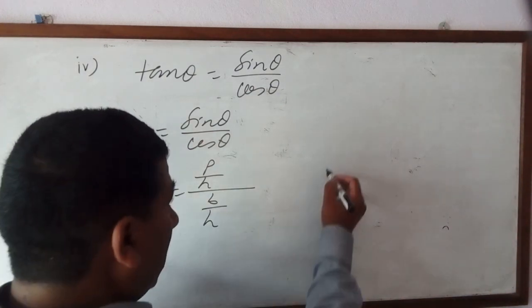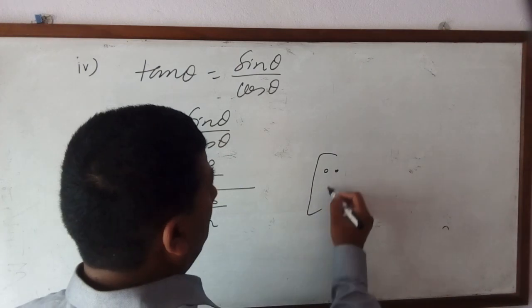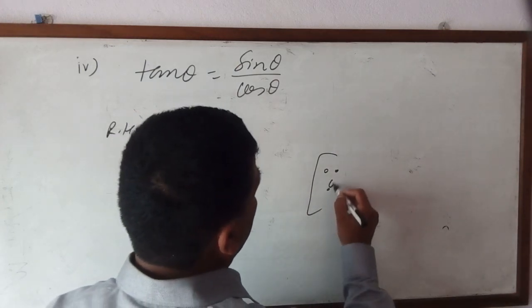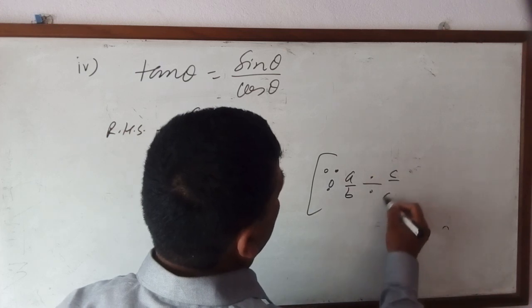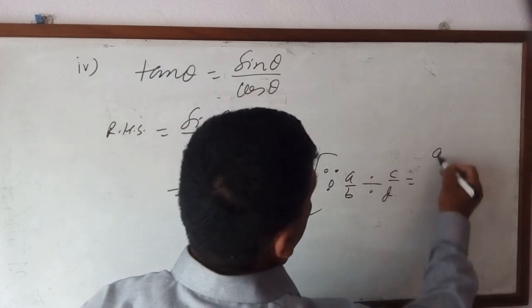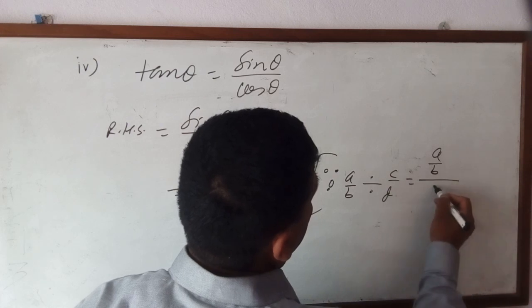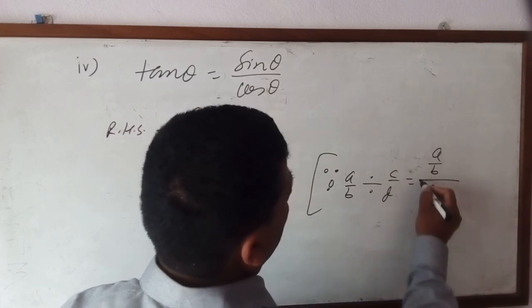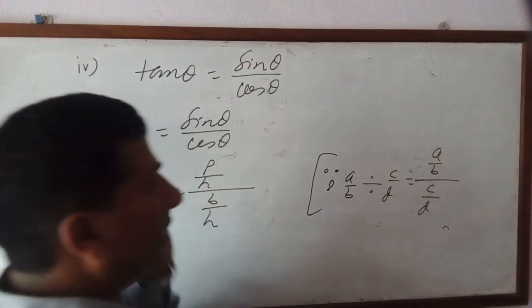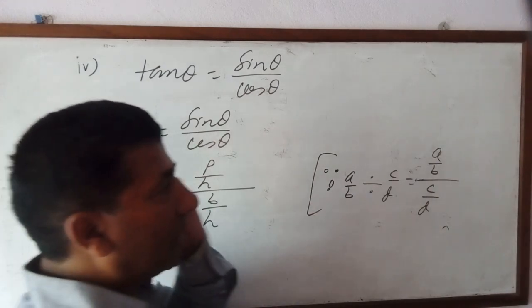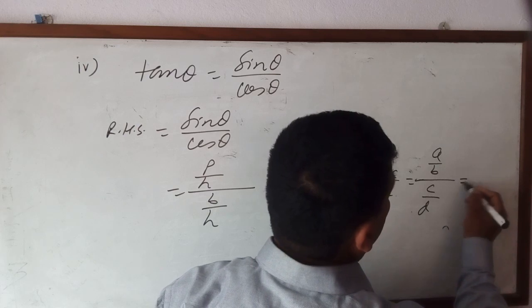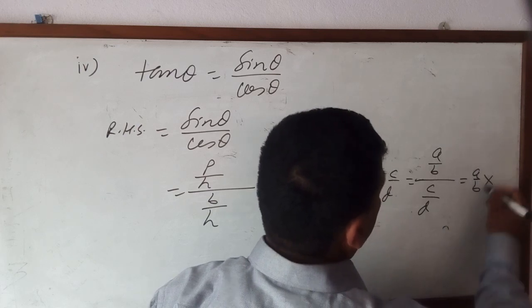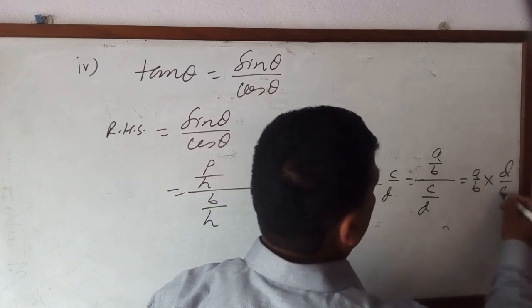Now there is one formula you have to understand. a by b divided by c by d can be written as a by b times d by c. It will be like this.